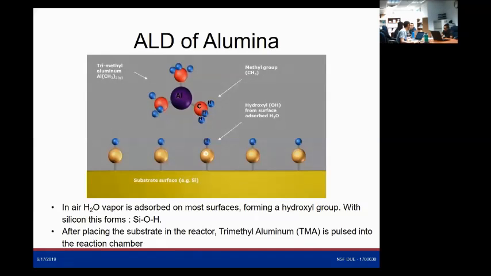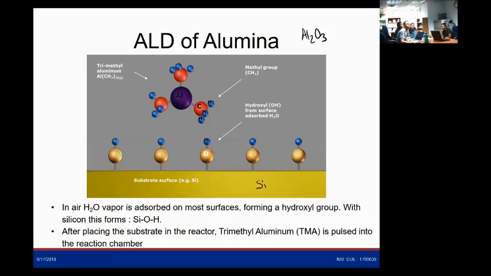That's the main difference. So let's look at the deposition of alumina, which is aluminum oxide, Al2O3, on a silicon substrate. This is exactly what you guys would do. So you have a silicon substrate, and all the time silicon is going to be terminated with these hydroxyl groups that we call silanols.